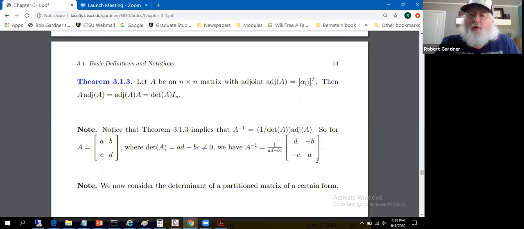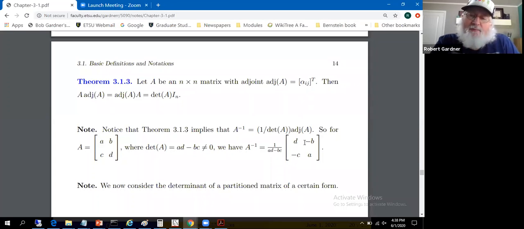There's a little quickie formula. In fact, here's the formula in general. We can find A inverse as 1 over the determinant of A times the adjoint of A, though computationally a total nightmare. You might see this little formula in passing in linear algebra, maybe even in pre-calculus or high school, where you take a 2 by 2 matrix with entries A, B, C, D. You can find the inverse by swapping those entries along the diagonal and throwing negatives in here.